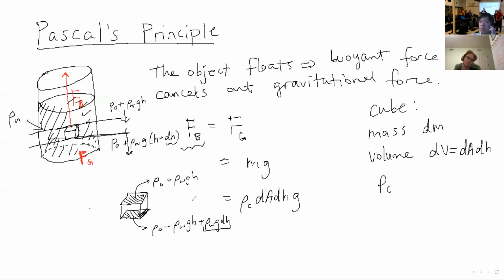Yeah, so it is upwards because if you think about the forces that act on the sides, the pressure from all the water on the left and on the right of the cube is the same at each of these levels, so it cancels out the pressure that's acting on the walls of the cube on the side.